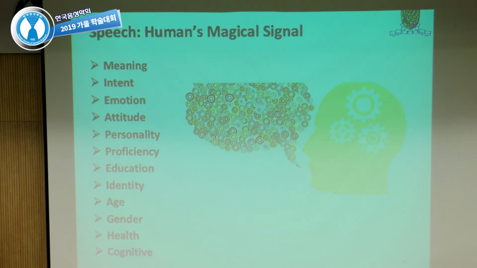But we think the future of text-to-speech is quite bright, because in speech there is much information we would like to model and generate, like different meaning, different intent, emotion, speaker ID, and even the education or the cognitive levels of the speaker.